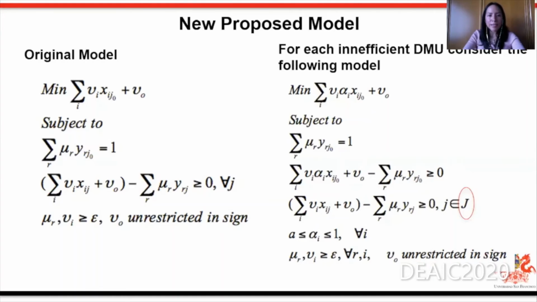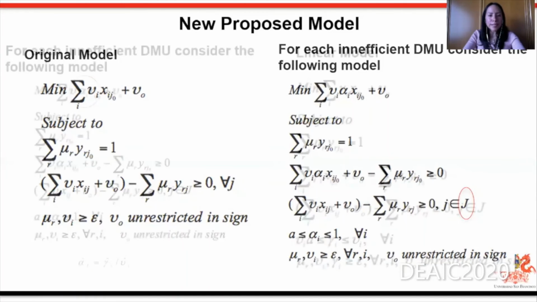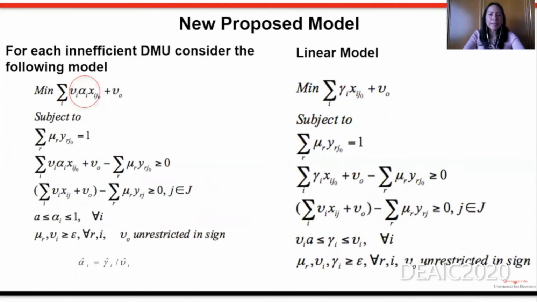In the next slide, we can see that clearly the model that is on your left is not linear by virtue of the fact that alpha is a decision variable. The usual change of variable technique of Charnes and Cooper in 1962 is applied.